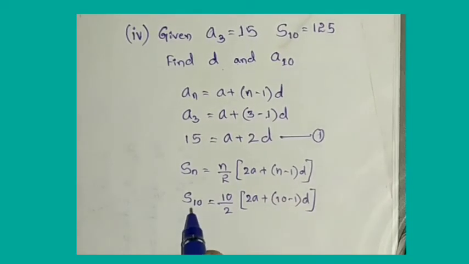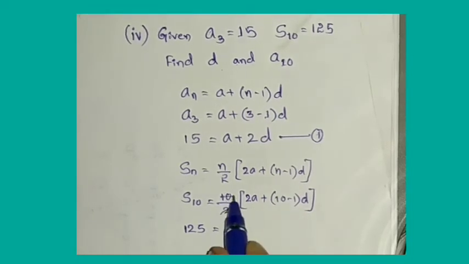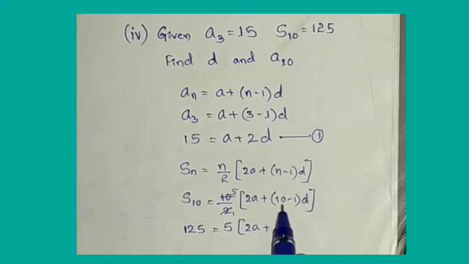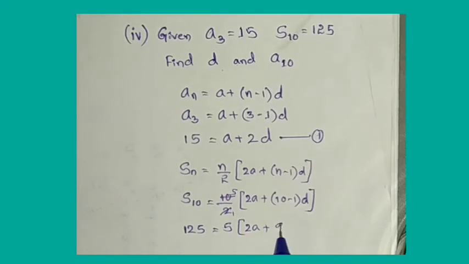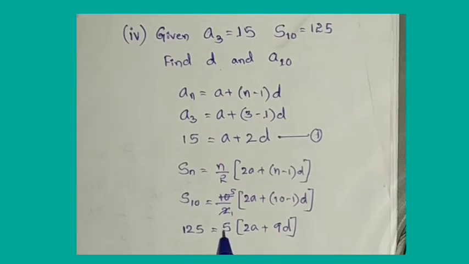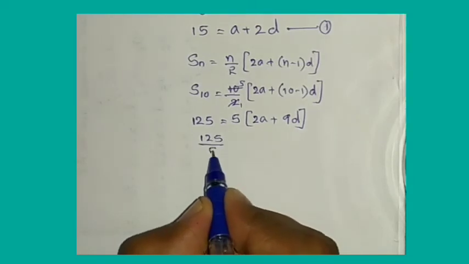So S10 is 125, equal to, 2 ones are 2, 2 fives are 10, so here we get 5, into (2a plus 10 minus 1, that is 9d). Okay, close the bracket. Here 5 is multiplying, so I will take it to the left side and it becomes division: 125 divided by 5.